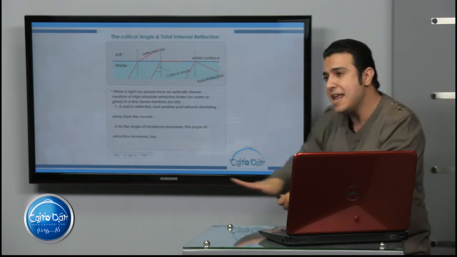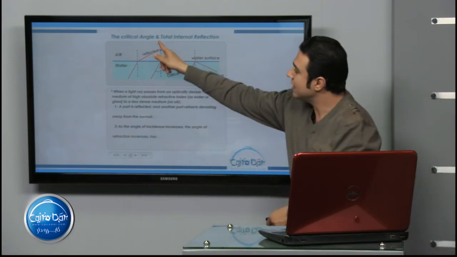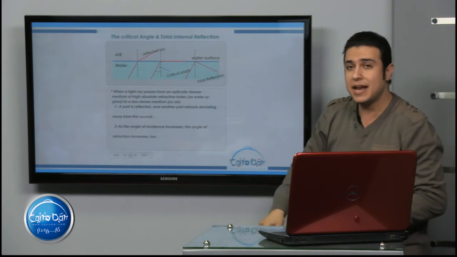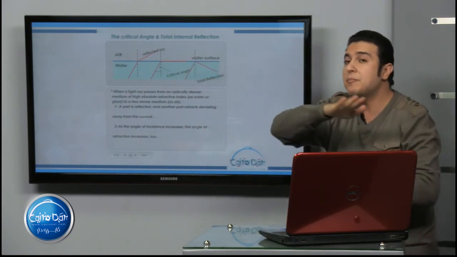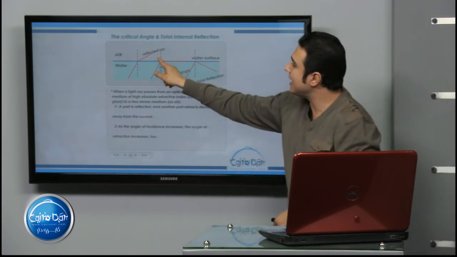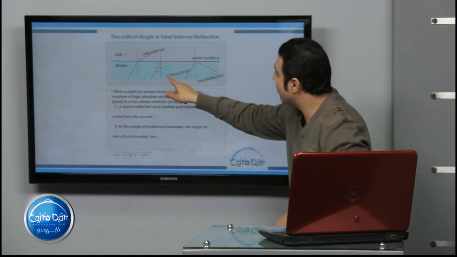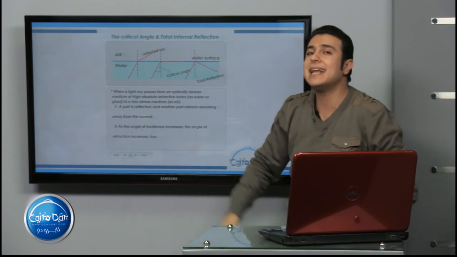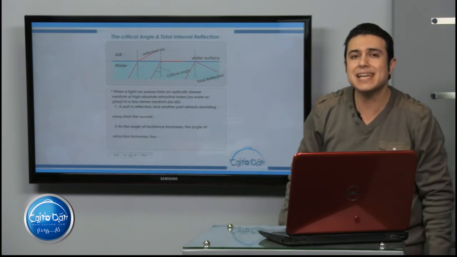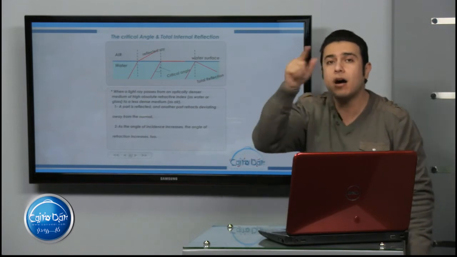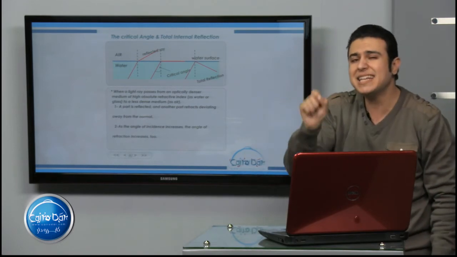Here the normal, here the tangent ray, the bending ray. So it makes an angle of 90 degrees, a right angle. So this angle of incidence is called the critical angle, symbolized by phi c.